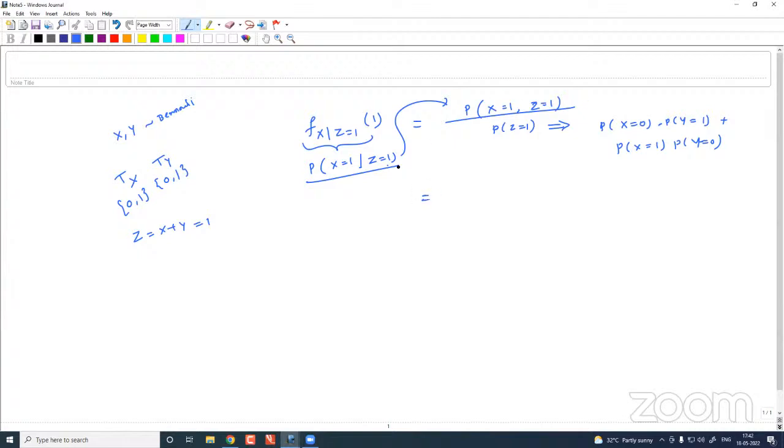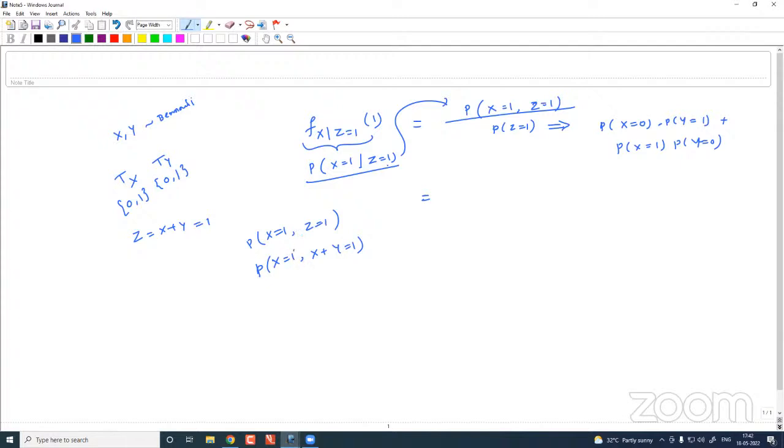Now what about my numerator? I wanted to find the joint density when x equals to 1 and z equals to 1. But what is z here? x plus y. So I can write it like this: instead of z, x plus y equals to 1. So this is the joint density, right?